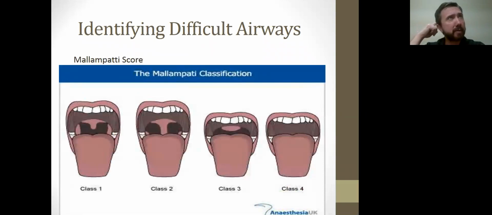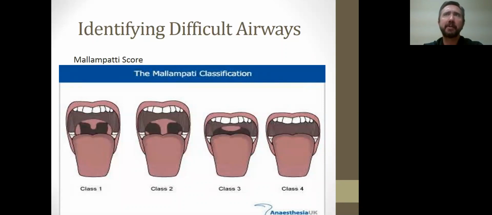The Mallampati score is typically ideal for a patient who is conscious, awake, alert, and oriented that we plan on intubating, depending on the setting. What this does is view the posterior oropharyngeal structures that reveal the relationship between the mouth opening, the size of the tongue, and the size of the oropharynx, which dictates access for oral intubation.